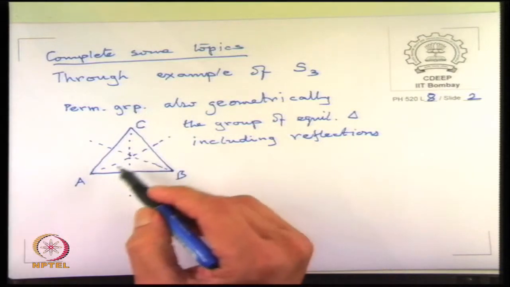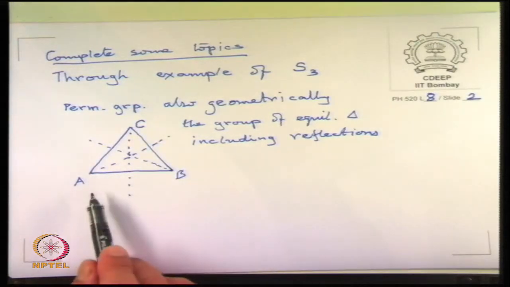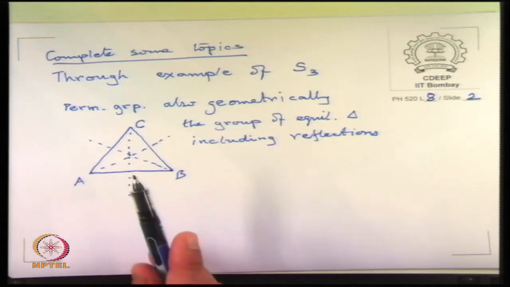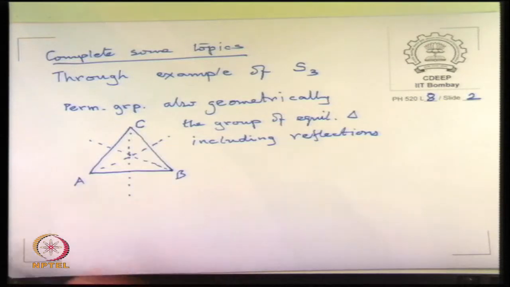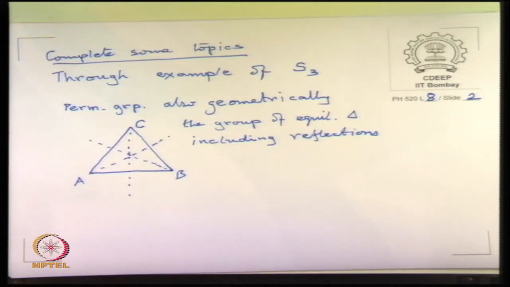So those reflections exchange A and C or exchange A and B at a time. By allowing all of these, we have effectively allowed all the permutations of 3 objects. Okay, so the group is isomorphic to S3.